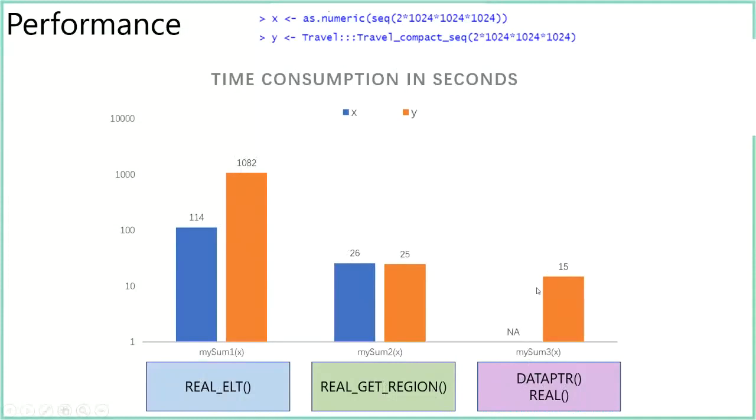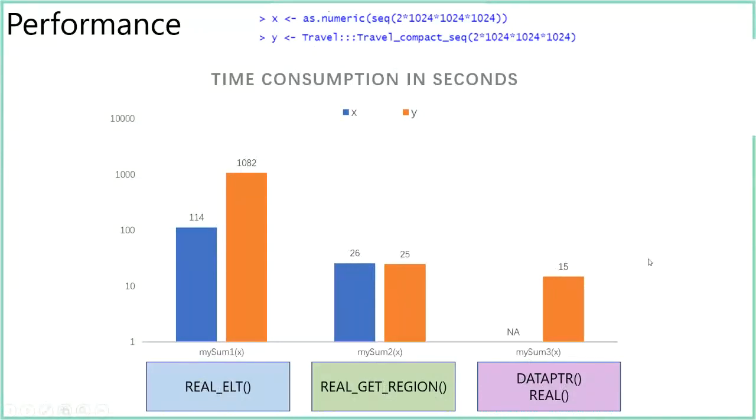So by using the travel package, not only does it solve the compatibility problem, you can see it also brings some performance benefits. And this number is the smallest among all the numbers in the chart. So the travel package can solve compatibility and also give you some performance boost.